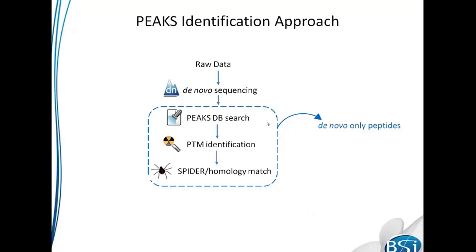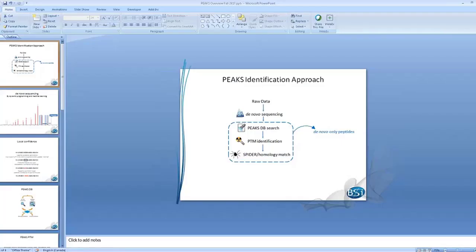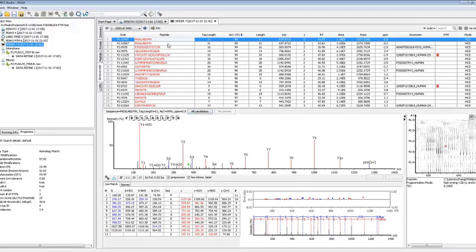remember that the workflow of PEAKS is that once the identification is complete, we still get this list of Denovo only peptides, meaning it's a list of the spectra that cannot be matched by any of the identification algorithms that we've used, but still have a good quality Denovo sequencing result. That will be this list here.